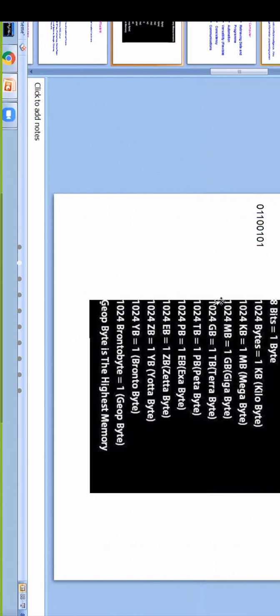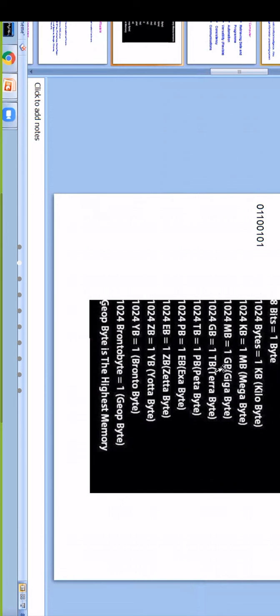When I combine 1024 MB, it forms 1 GB. Nowadays you are observing the capacity of your hard disk in GB. 1024 GB combined forms 1 terabyte, termed as 1 TB.